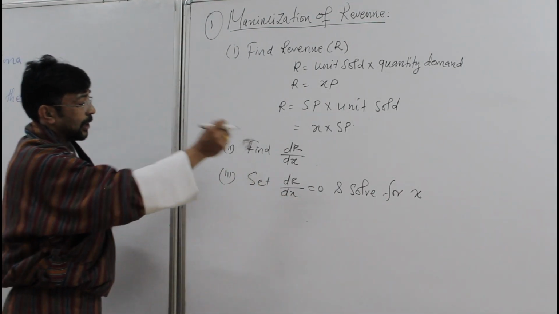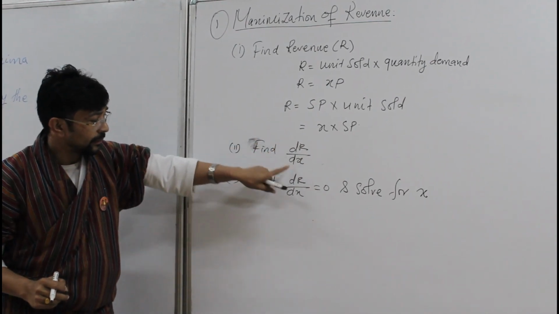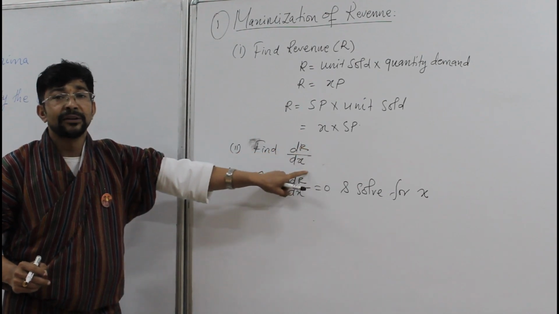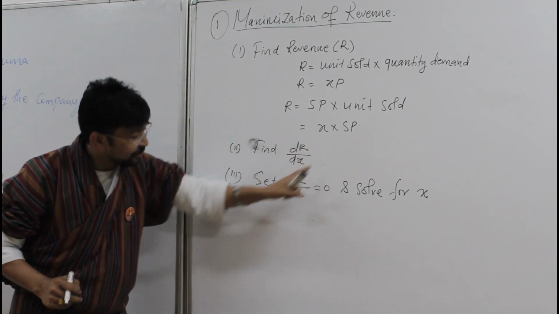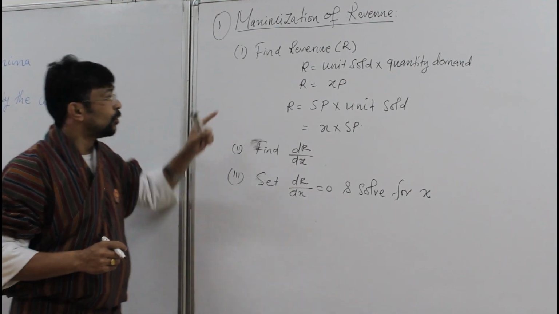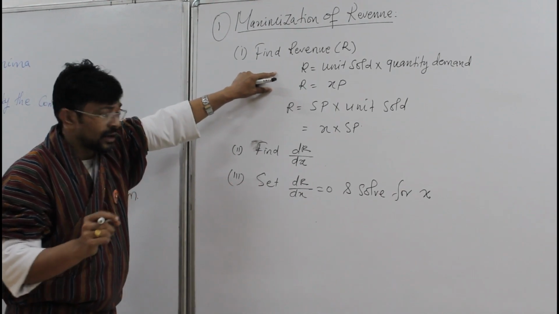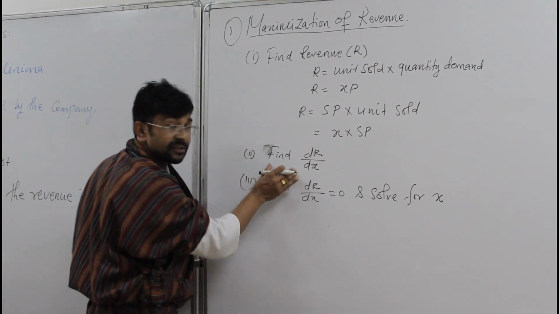Now, if you look carefully, the differentiation of revenue, and that's very important, means marginal revenue. In some questions you will be given the marginal revenue and you will not be given R, the revenue. So if marginal revenue is given, you are already in step number 2.